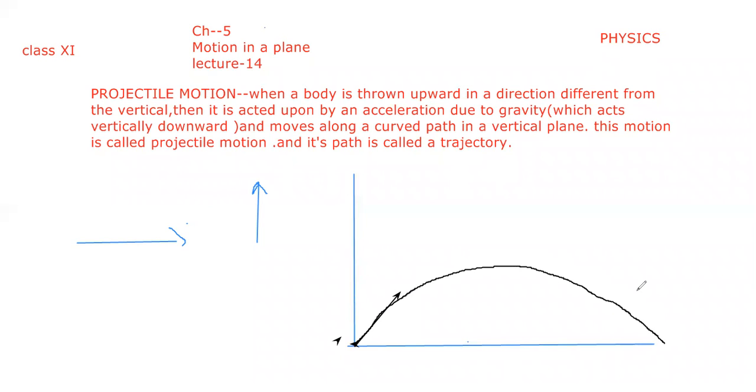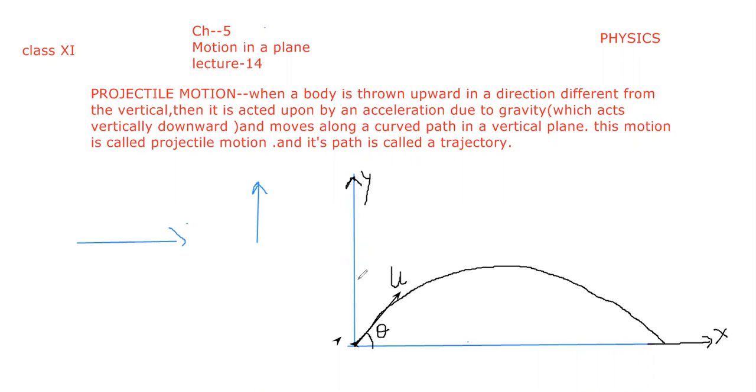This motion is called projectile motion and this path is called the trajectory. In projectile motion, we have to study the x-axis and y-axis simultaneously.